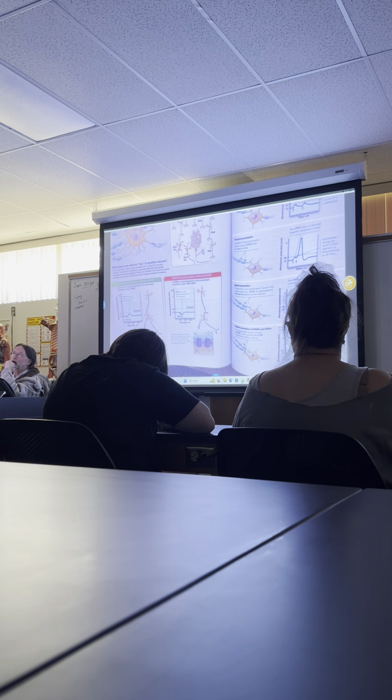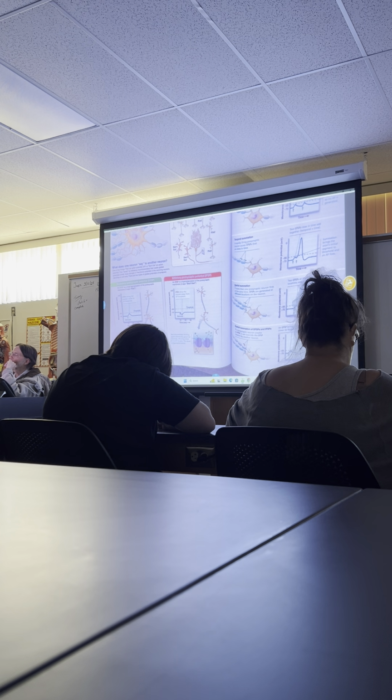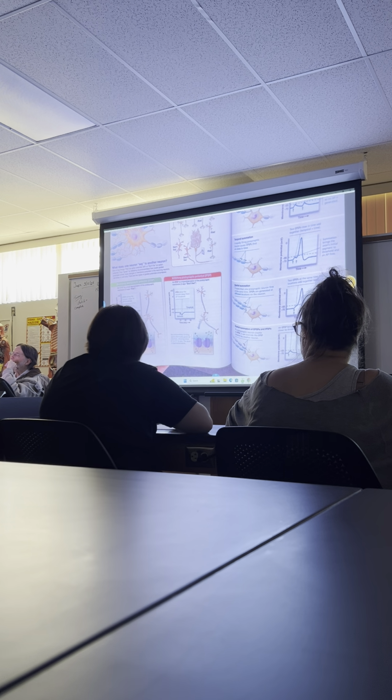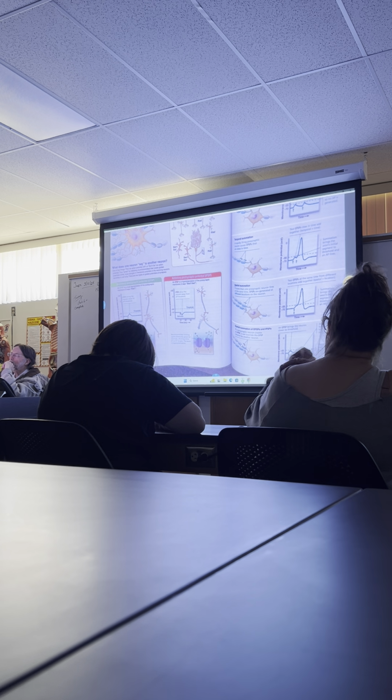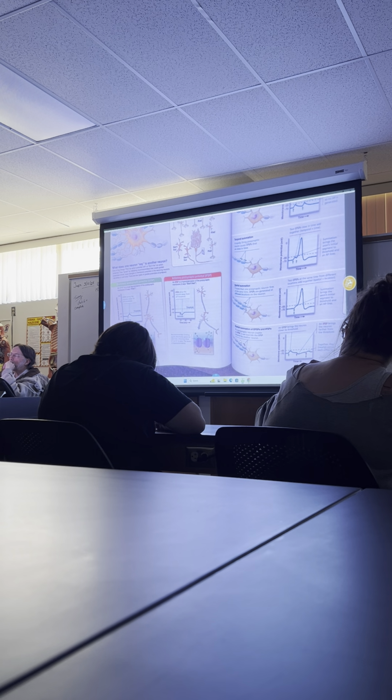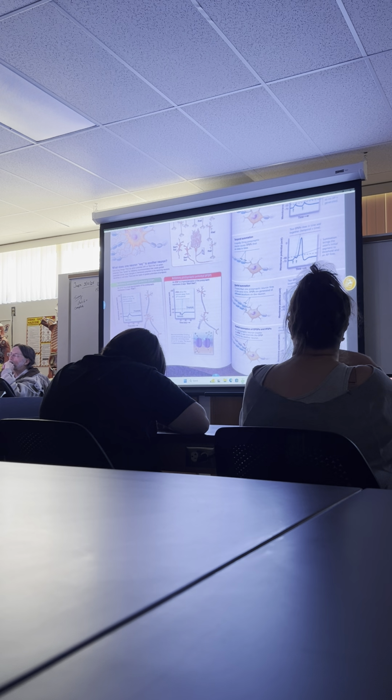Any questions? Why would one inhibit and one excite? That's a good question. It may be the kind of axon we have here and the kind of neurotransmitter that's being moved.